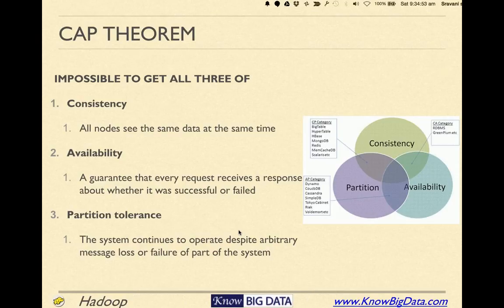That is partition tolerance. So out of consistency, meaning all the nodes see the same data, availability, and partition tolerance, we cannot provide more than two features. None of the databases existing today can provide all three features. Can anybody tell me why is it so?